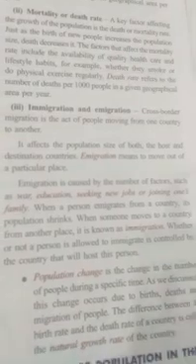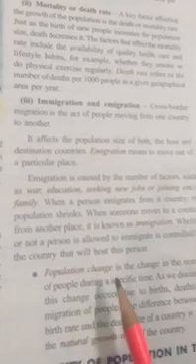Emigration is caused by a number of factors such as war, education, seeking new jobs, or joining one's family. When a person emigrates from a country, its population shrinks. When someone moves to a country from another place, it is known as immigration. Whether or not a person is allowed to immigrate is controlled by the country that will host this person.